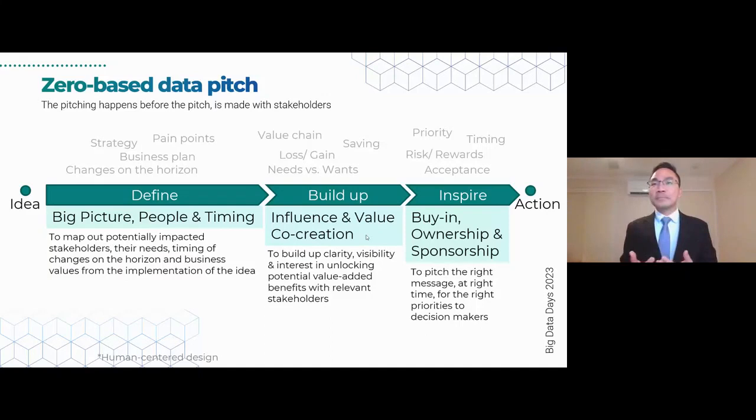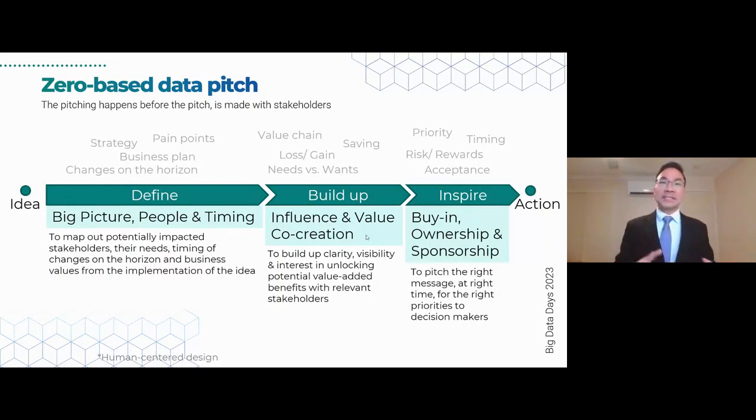So for me, building up influence, and the exposure and awareness of your initiative and its value, is extremely important. It is like you win the battle before the actual battle happens. And then to the left is the define stage, where there is a lot of hard work, but you and your team can do it.